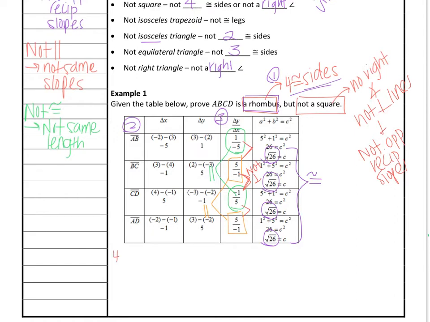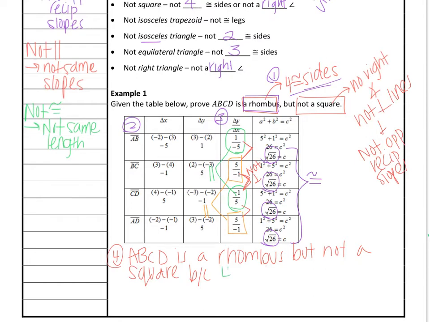So now moving on to our fourth step, we're going to say ABCD is a rhombus, but not a square, because there are 4 congruent sides, but no perpendicular lines, so no right angles.